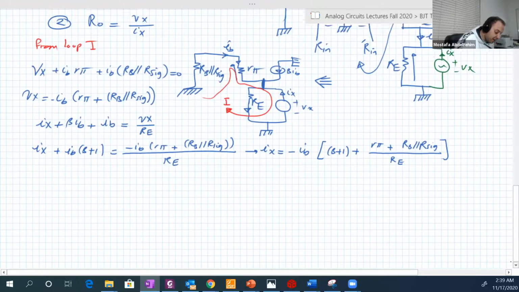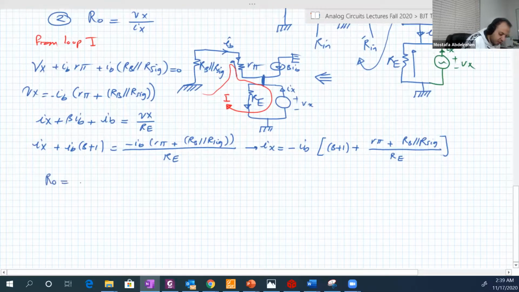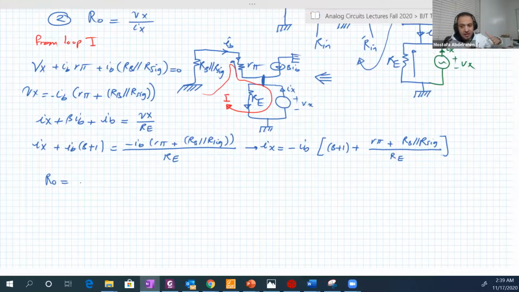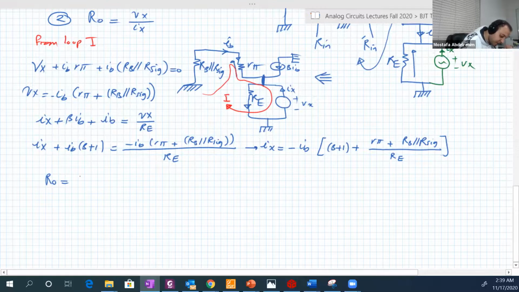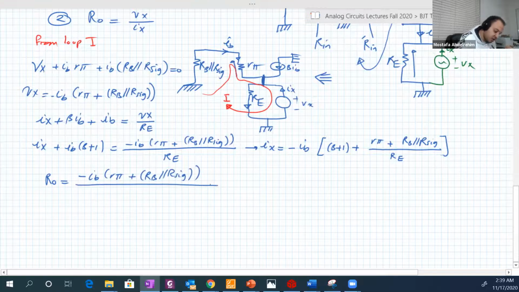Good. Now let's find RO, because now V input or Vx and Ix both are function of IB. So we can divide them safely and IB will just go away. So RO is equal to Vx, which is minus IB R pi plus RB capital parallel R signal over Ix, which is minus IB again.